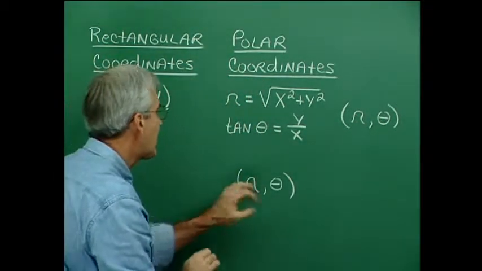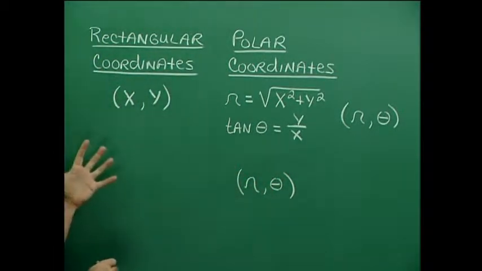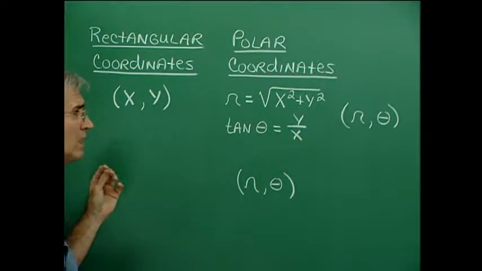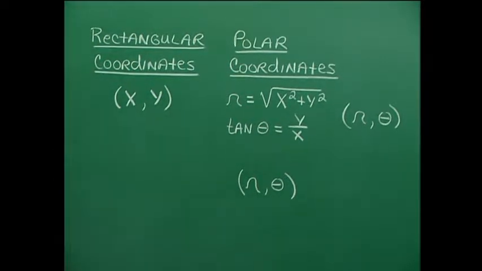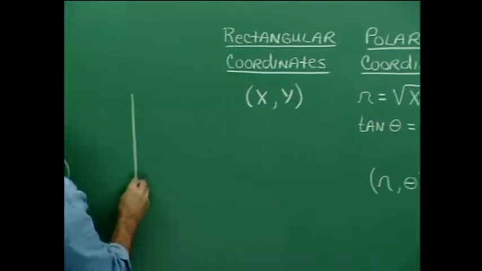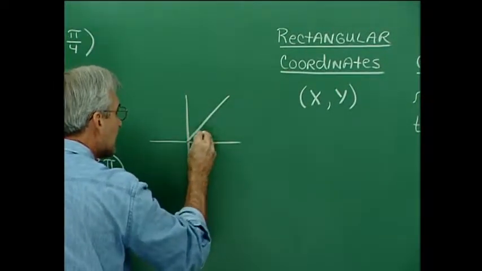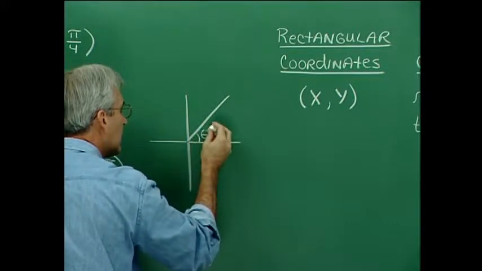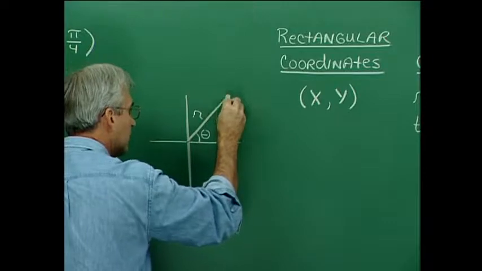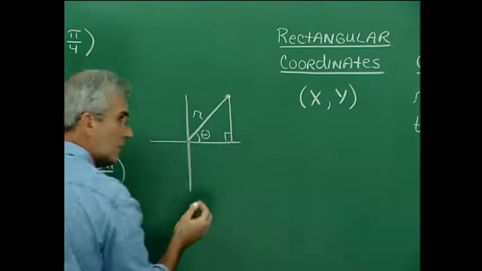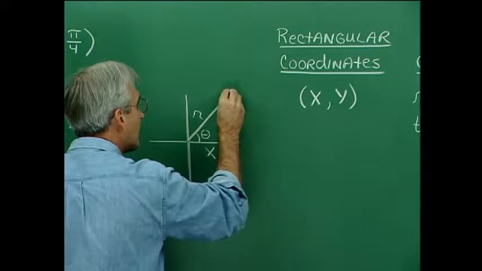Now what about taking an r, theta and going back into rectangular coordinate form? Well, it's really easy to understand how that takes place. If we have an angle theta and a distance r, let's say to this point, then we know there's an x, y associated with that point.